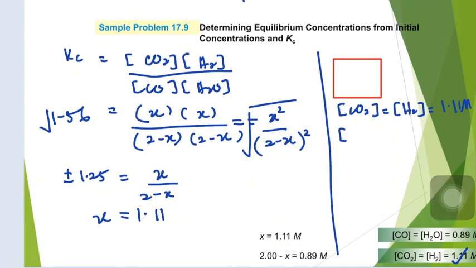And the concentration of CO, which is equal to the concentration of H2O, is equal to 2 minus 1.11, so it is actually equal to 0.89 molar.